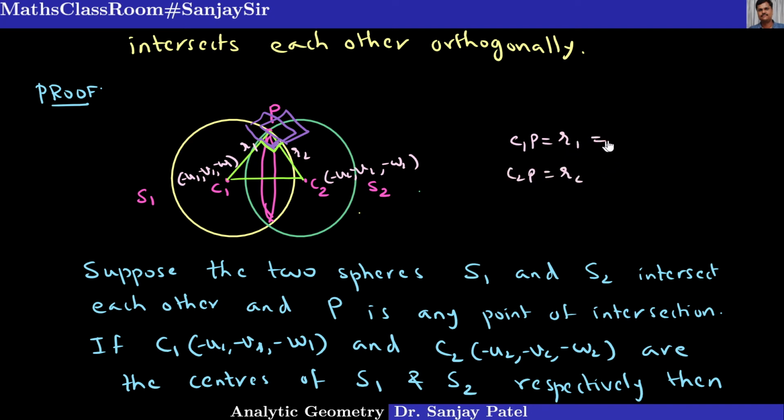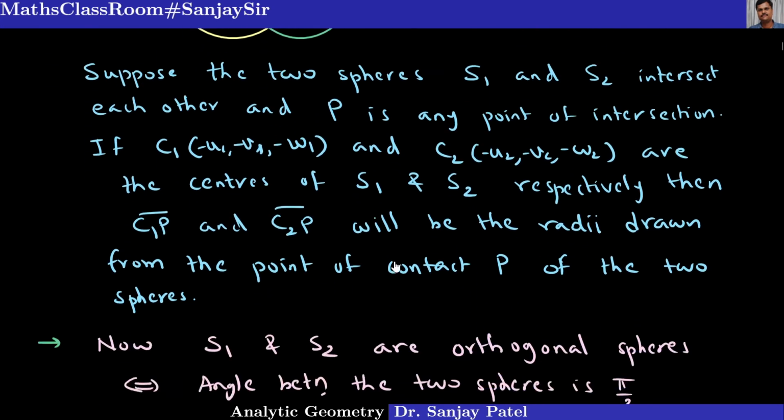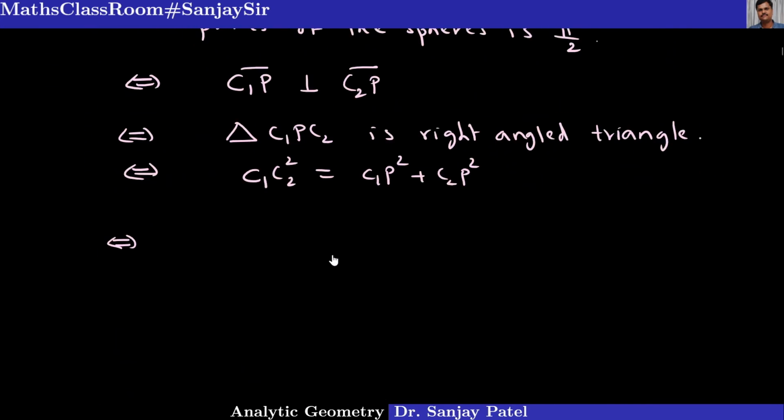By our formula of the radius, R1 square is u1 square plus v1 square plus w1 square minus d1, and in the same way R2 square is u2 square plus v2 square plus w2 square minus d2. So remember this, the values of C1P and C2P; we are going to substitute all this in this step.